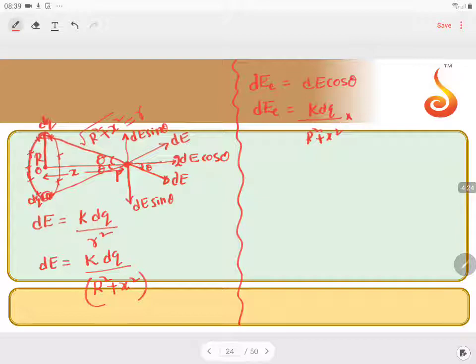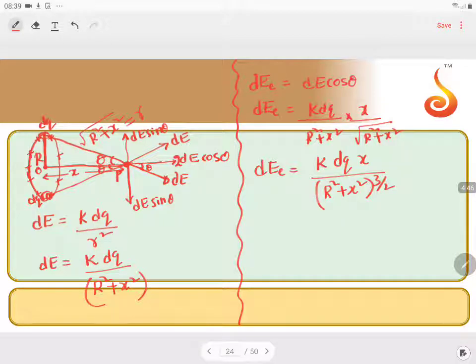In this right angle triangle, cos theta will be x divided by root over r square plus x square. So effectively the effective dE will be k dq x divided by r square plus x square whole power 3 by 2.